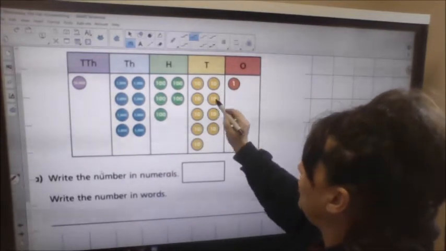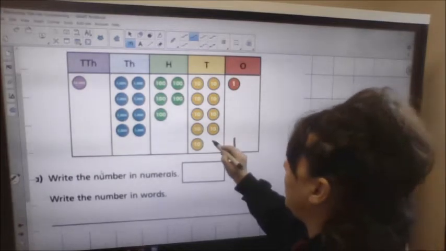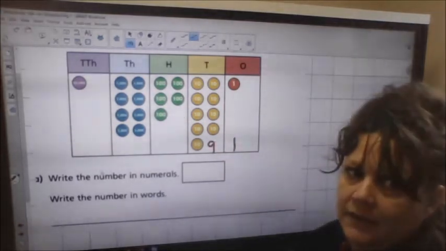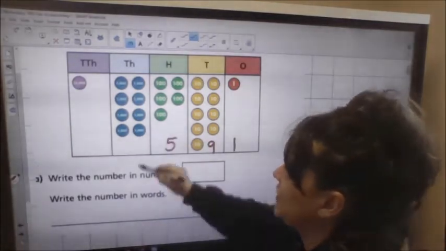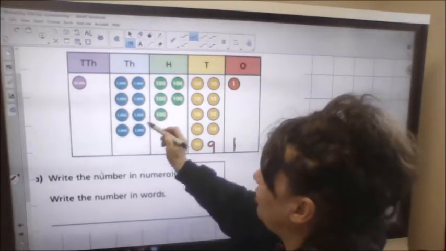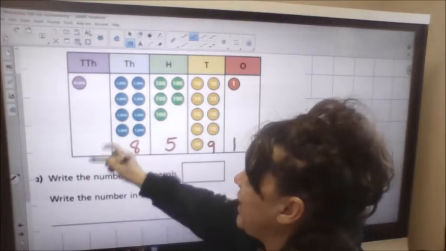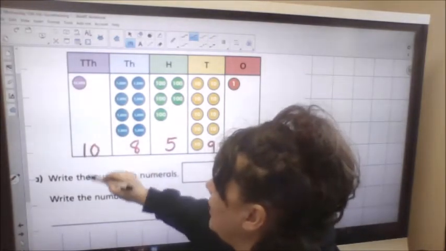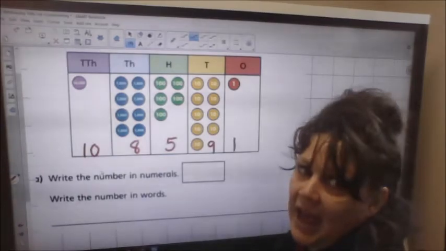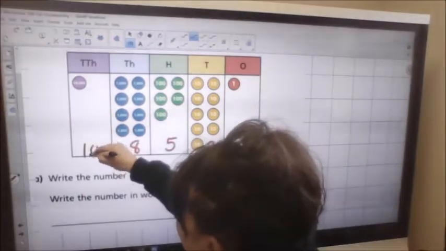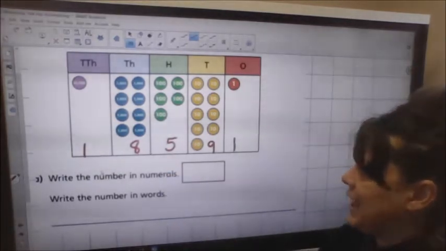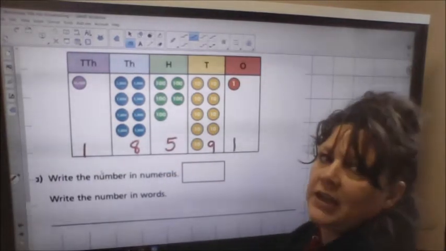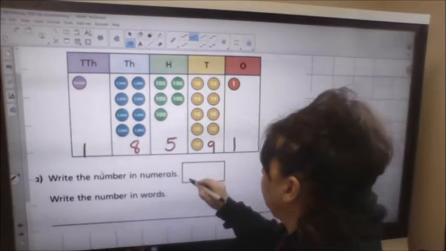I've got 1, 2, 3, 4, 5, 6, 7, 8, 9 tens. I've got 5 hundreds. I've got 2, 4, 6, 8 thousands, but then I've got another 10,000 there. Okay, so that I would write here. So I've got 18,591.